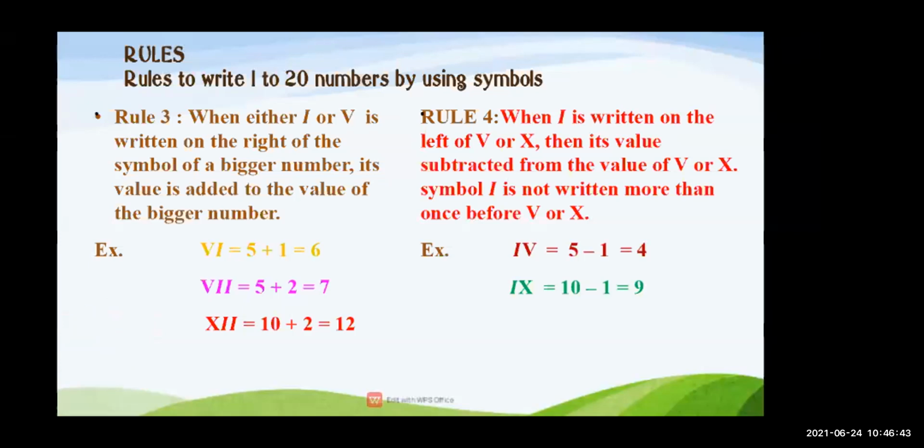See, now the last rule, the opposite of this. Now what we learned: where do we add? On the right side. But when we write I on the left side of V or X, what do we have to do? We have to subtract.